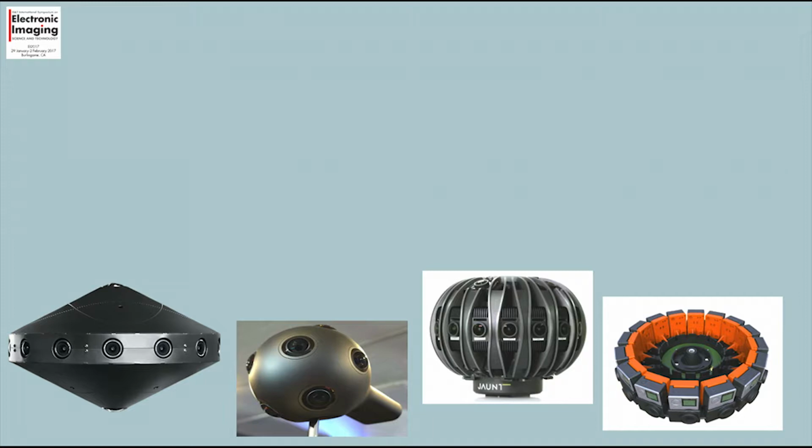So Ozo compressed raw workflows. They've got a lot of post-production tools there to help everybody. And the other thing is, let's look at the Facebook, the Ozo, and the Jaunt, they're using machine vision cameras and global shutters. And again, a very rational decision, but has a huge impact on image quality.